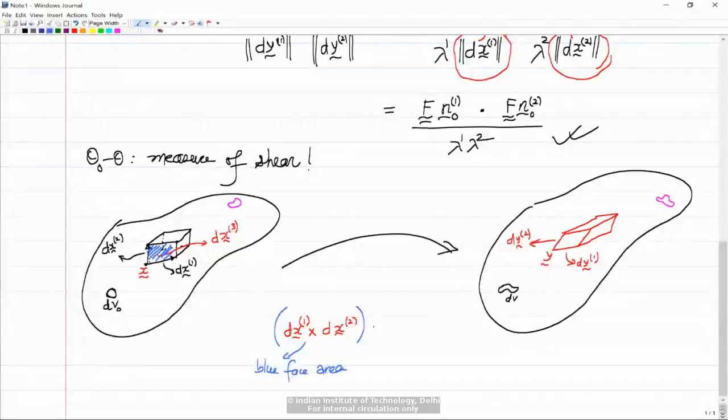To get the height, you have to draw a perpendicular line from the other vertex, and therefore you dot it with dx3. That's how you get the scalar triple product. So this is actually the volume dV naught of the parallelepiped.